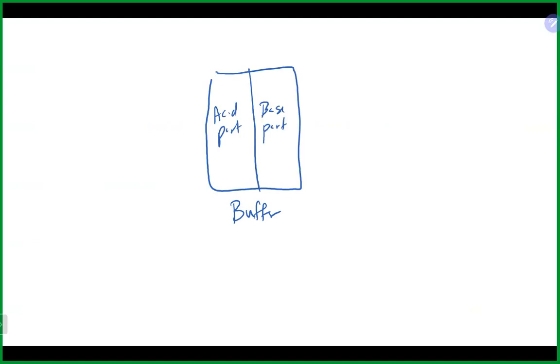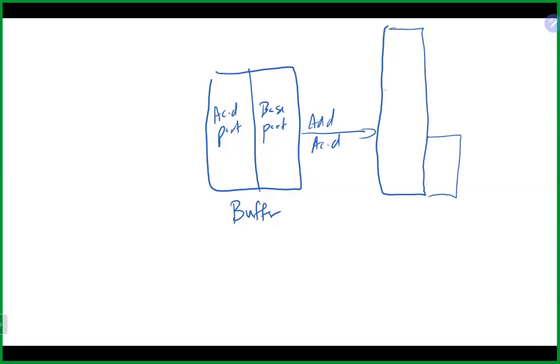So when you add acid to this buffer, what's going to happen is it's going to react with the base part, but as we saw, you will make, for dramatic drawing purposes here, more of the acid part, and you'll use up a little bit of the base part of the buffer.